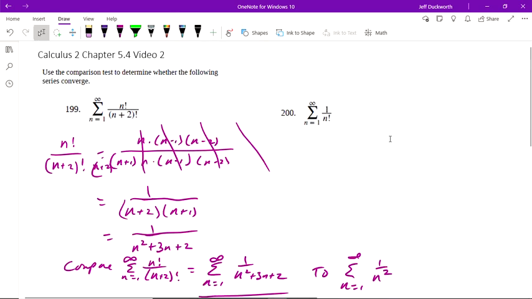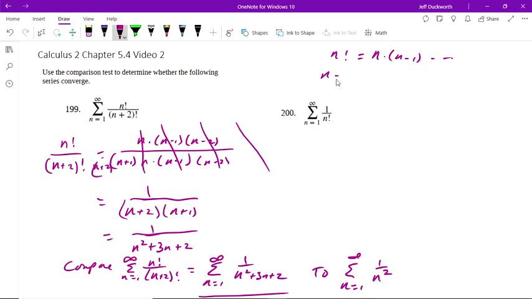Okay. So let's look at the other one here. This one's actually a little easier. We don't have a lot of moving around that we have to do. So, n factorial is n times n minus 1 as we discussed, right?